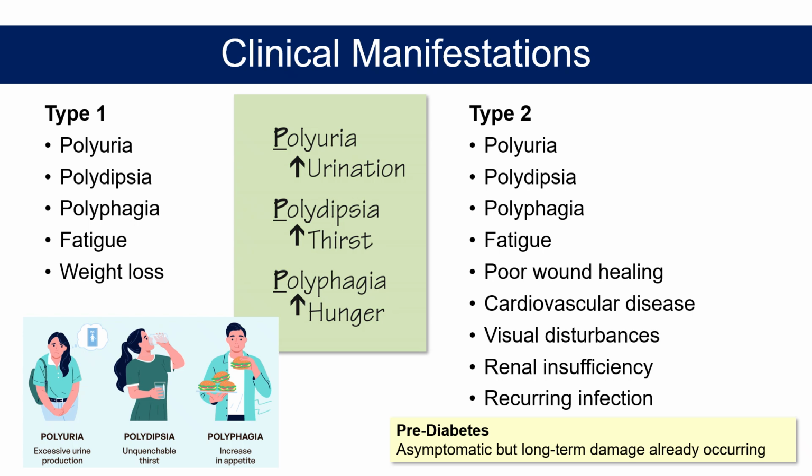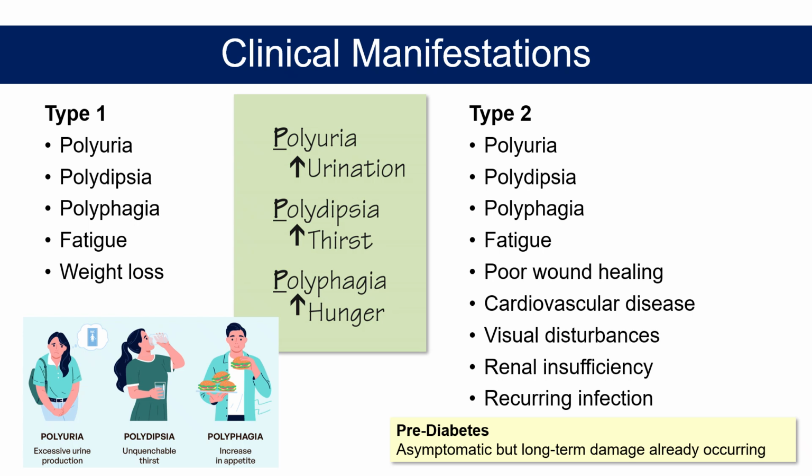Okay, so type 1, we have the 3 Ps, fatigue and weight loss, which is what we talked about from burning all of that fat. In type 2, remember this is gradual, so they're also going to have the 3 Ps, but because this is happening over time, we're also going to see poor wound healing. They probably have cardiovascular disease.